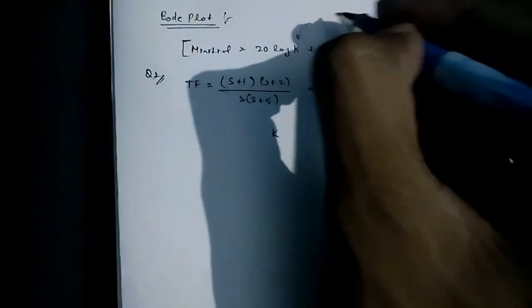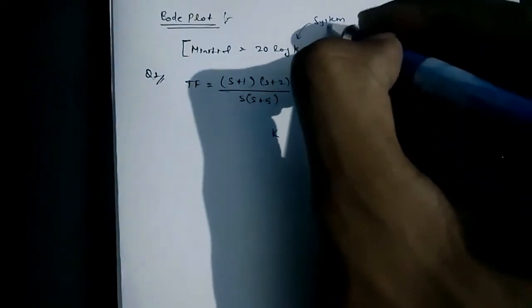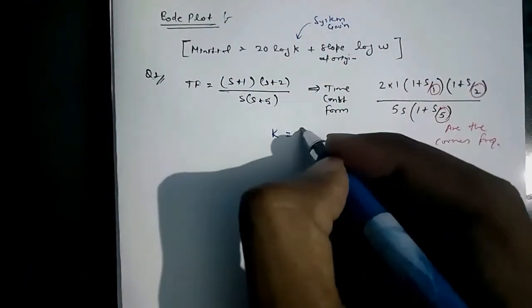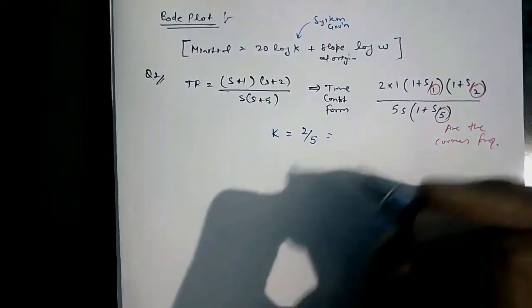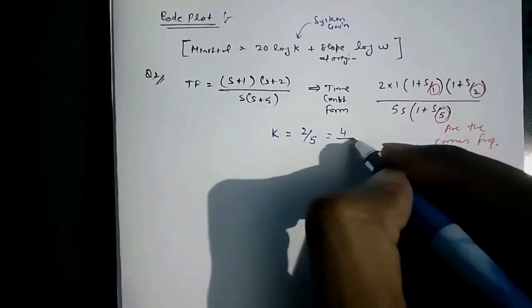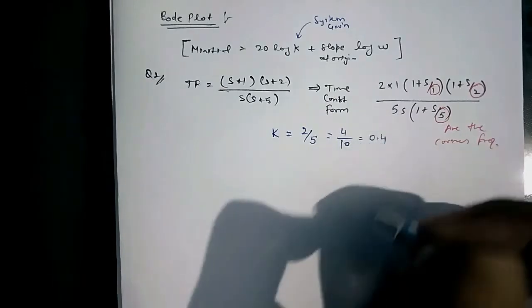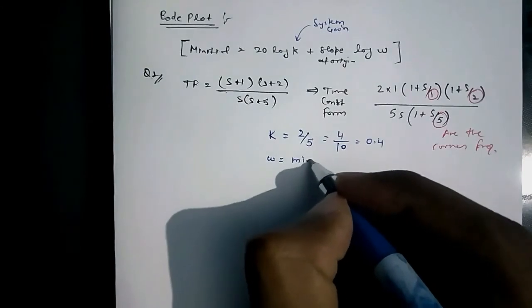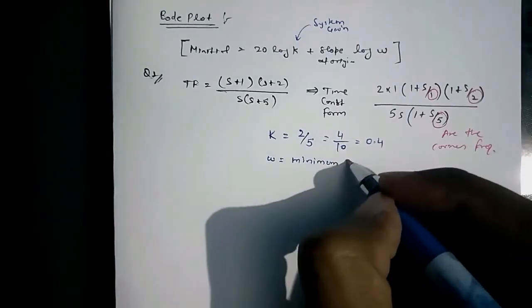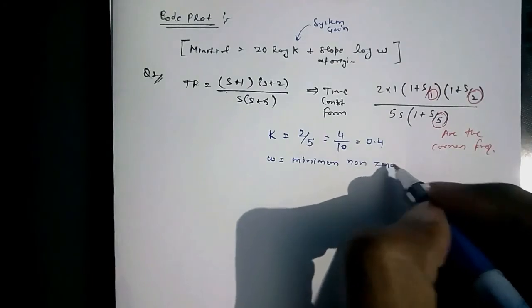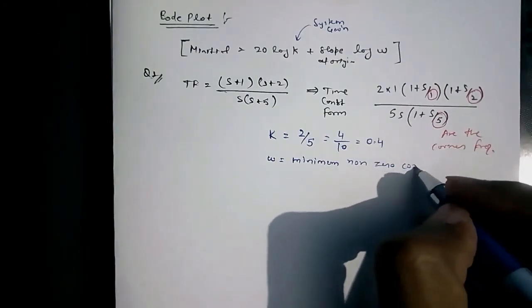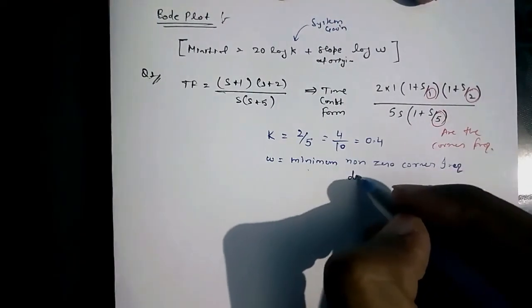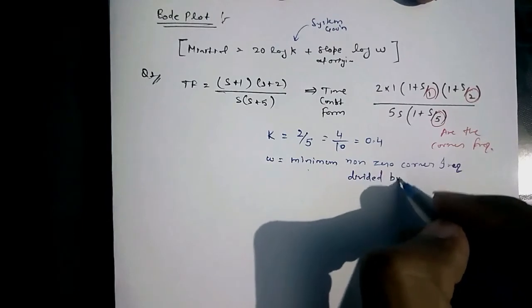This k is the system's gain, and k here is 2 by 5, which we can say is 0.4, where omega is equal to the minimum non-zero corner frequency divided by 10.